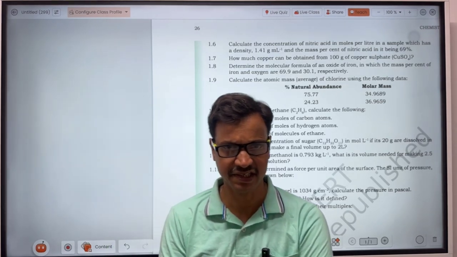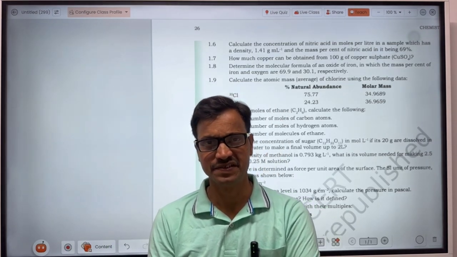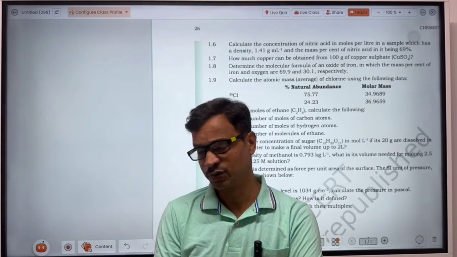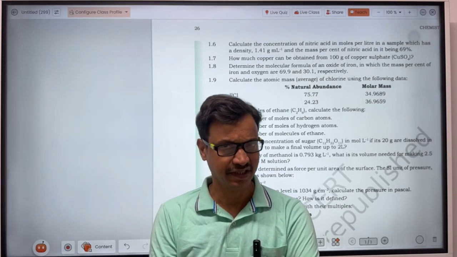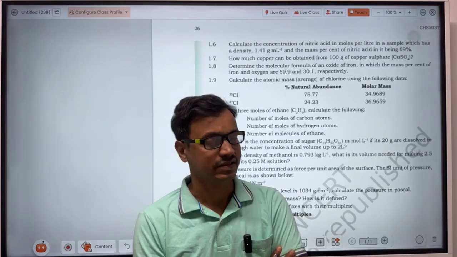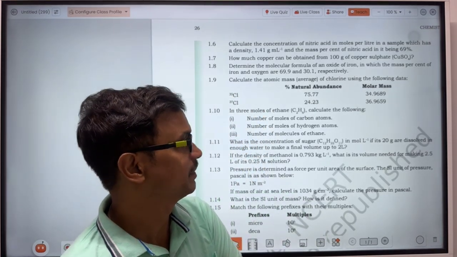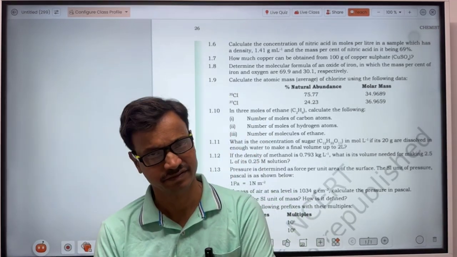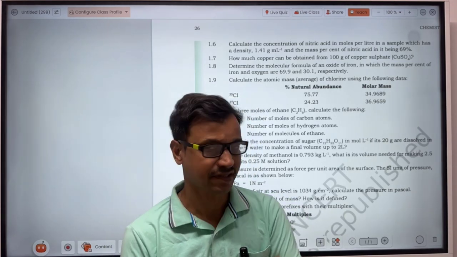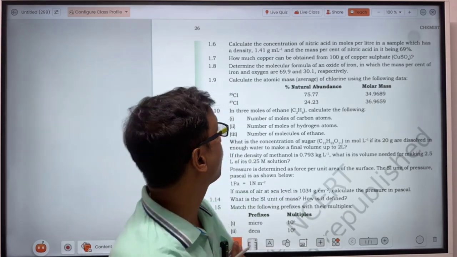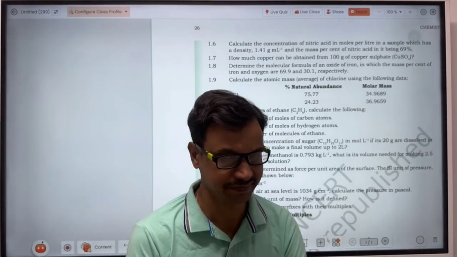The total mass of the solution is 100 gram, and the density of the solution has been provided.